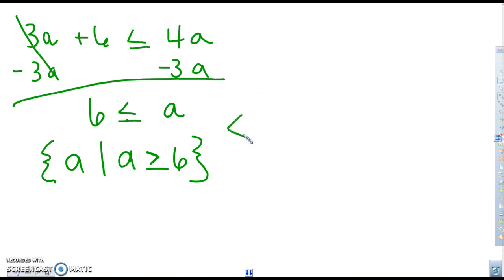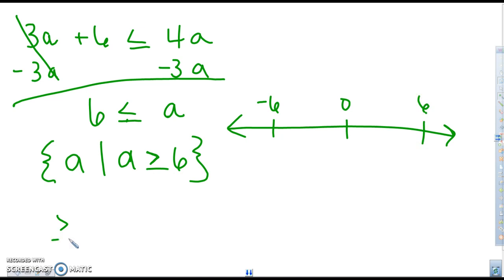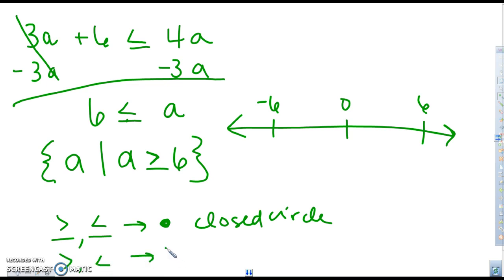Also, if I want to graph this solution, this should be something we remember how to do. I'm going to put some numbers on a number line. And if it's greater than or equal to or less than or equal to, remember I have a closed circle. If it's greater than or less than, I just have an open circle.